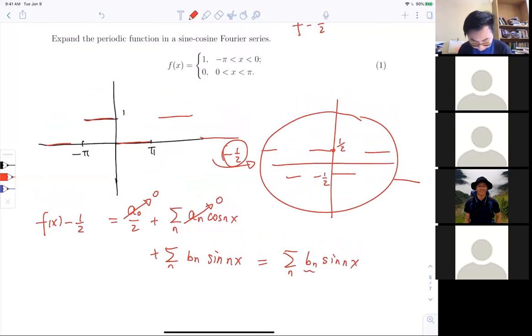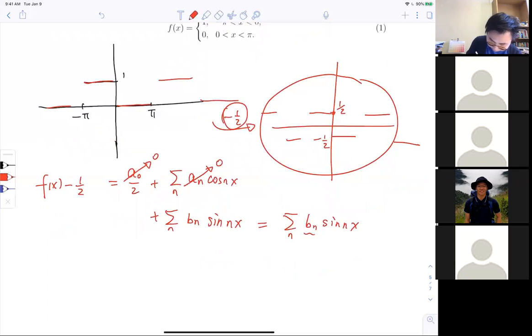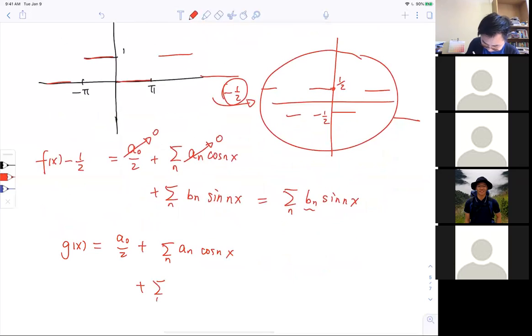Yeah, sure. So we know that any function in general is not even and it's not odd. When we do the expansion, let's write a general function as this, and this.